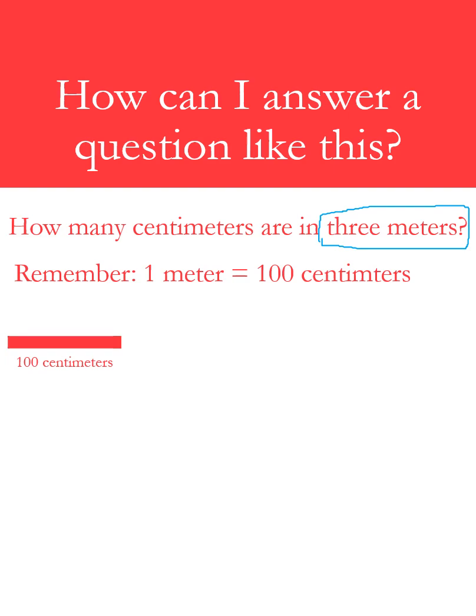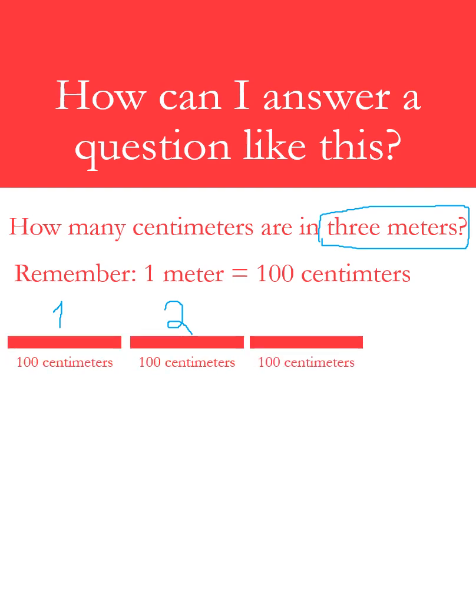Okay, so I'm going to put a 1 above that. Now the question is asking about 3 meters, so I'm going to put another one there. Now I know I've got 2 meters. Okay, and I'm going to put one more there. 3 meters. And the question is asking, how many centimeters are there in 3 meters?